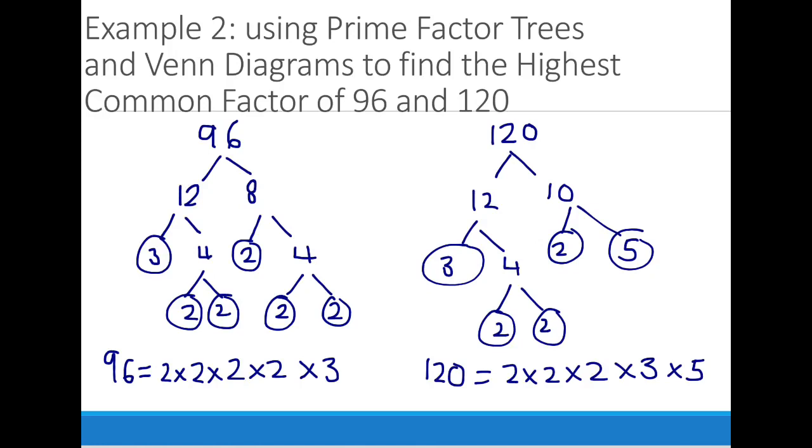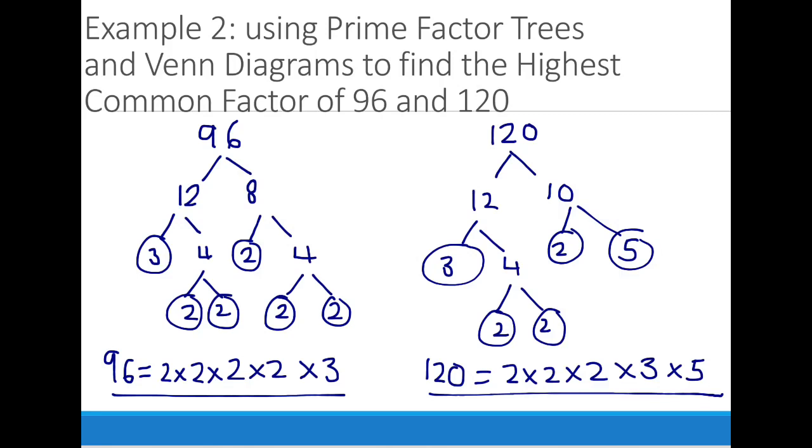So I'm hoping that you have managed to complete those factor trees. If not, you need to pause and have a clear look at these and understand how I've ended up with the results that I have. And we can see that we've written 96 as the product of primes.